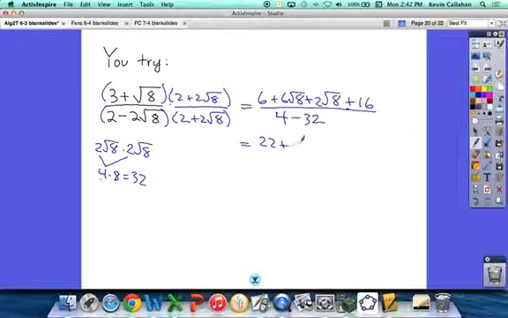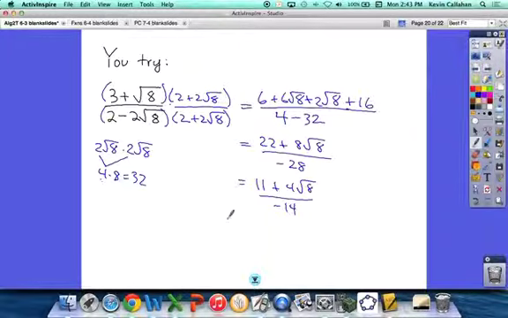Okay, so we have 22 plus 8 times the square root of 8 divided by negative 28. So first thing you could say, well, all those coefficients and terms are divisible by 2. So let's factor out a 2. That'll give us 11 plus 4 times the square root of 8 divided by negative 14.